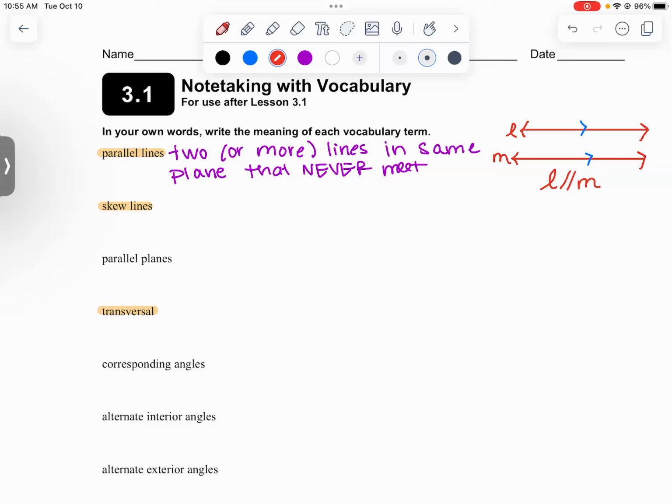So skew lines are two or more lines not in the same plane, and they still don't intersect.